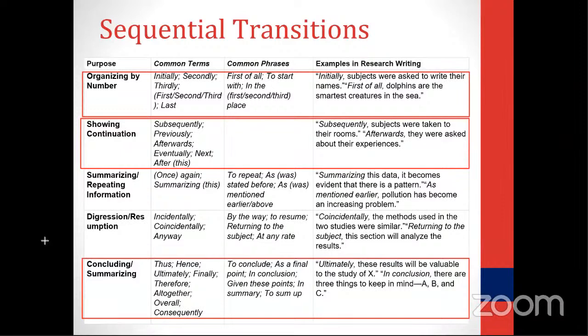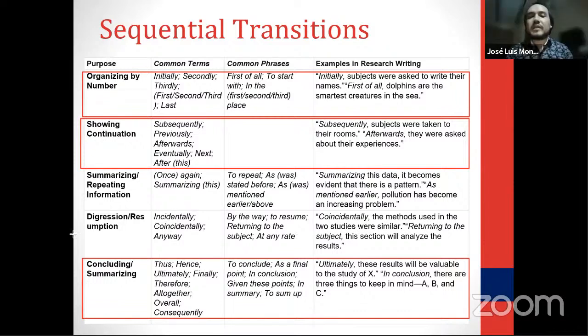To conclude, as a final point, in conclusion, given these points, in summary, to see this will be valuable to the study of X. In conclusion, there are three things to keep in mind: A, B, and C. Thank you very much, Mariana.